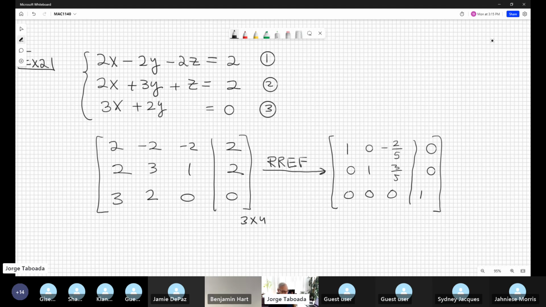Well, you see clear. In the last equation, you always take a look at the last. You see a contradiction. Because remember, this is X, this is Y, this is Z, this is the right-hand side. So you see that 0x plus 0y plus 0z is equal to 1.